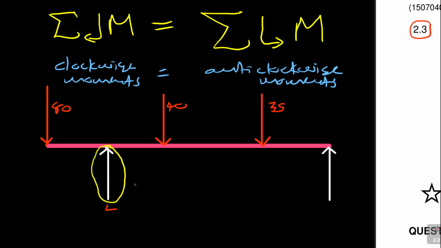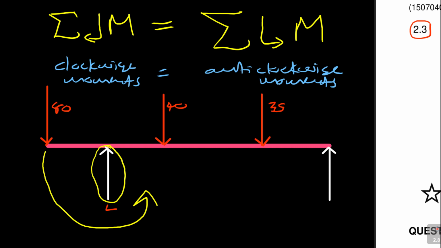All right. And then you ask yourself which forces are going to be pushing clockwise or anti-clockwise. Follow the path of the arrow. For example, let's look at this force. This force about L, you see that about L, it is going to be doing this because it's pushing down about here. You see that? So what force is this?